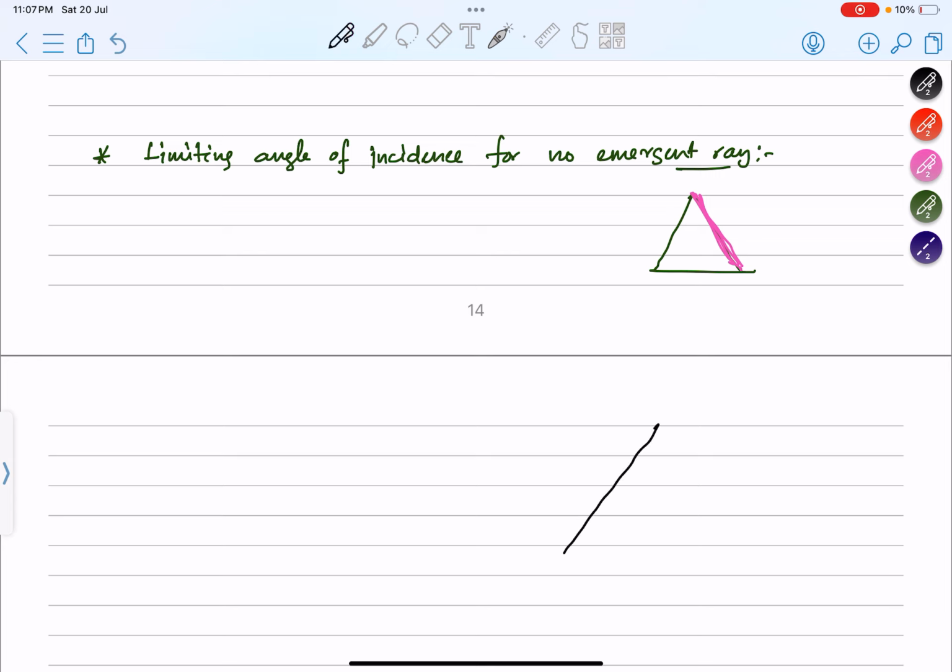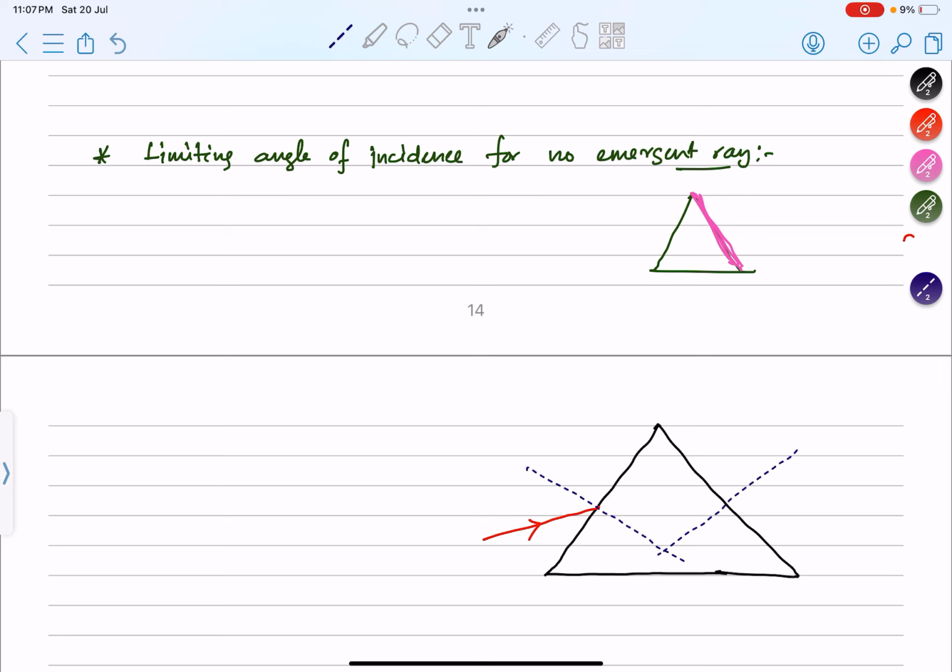So if I have a prism like this, and this is the incident ray, suppose this is the normal here and this is the normal here, and the first refracted ray is this. Suppose this angle is theta, which is the angle of incidence for this refraction.